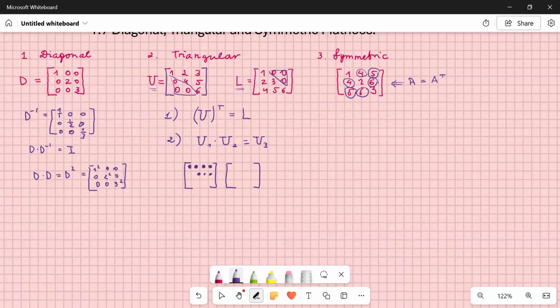Remember, they are usually going to happen on the diagonal. So something like this are non-zeros and zeros everywhere. The second matrix, U2, is going to have also non-zero elements above the diagonal and zeros. Okay, so they both are upper triangular.